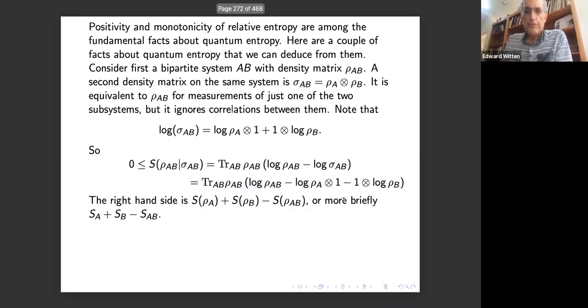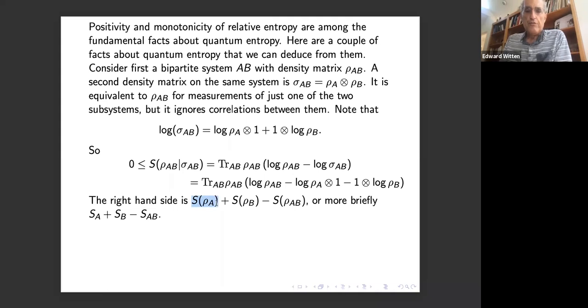In this formula, the right-hand side is a sum of three entropies. The term with log rho AB is the definition of minus S of rho AB. And for example, the term with log rho A turns into S of rho A after taking a partial trace over B to reduce rho AB to rho A. So each term on the right-hand side is an entropy.